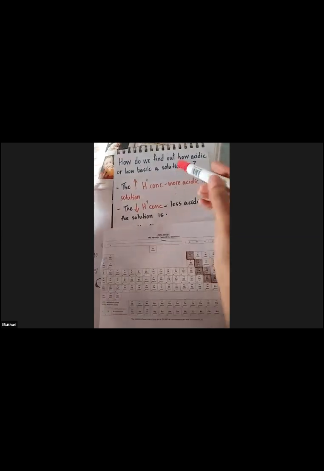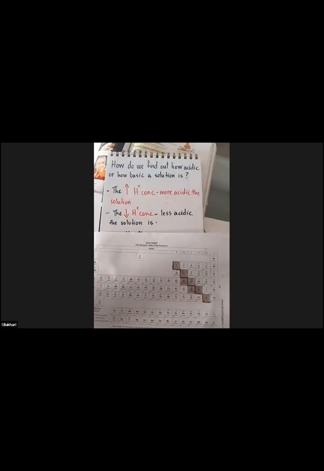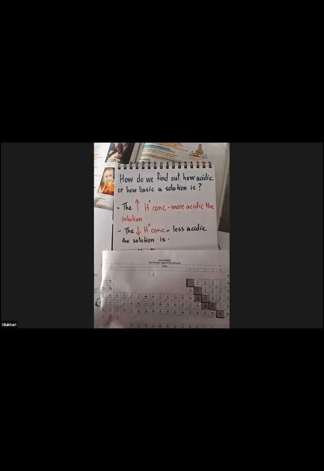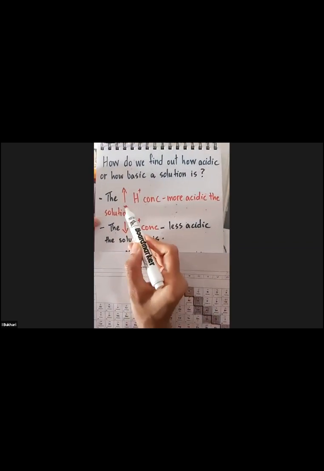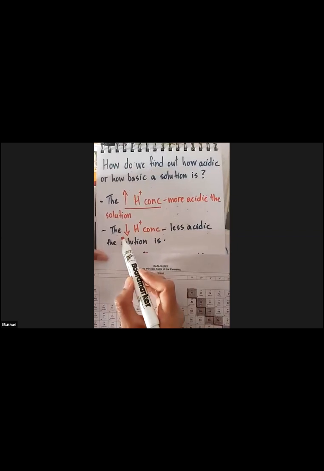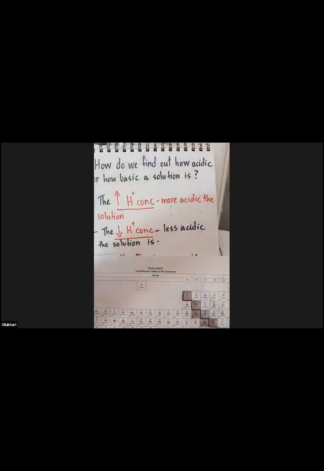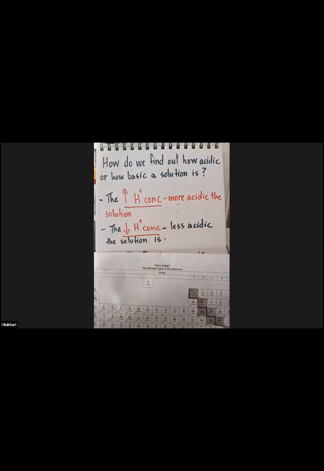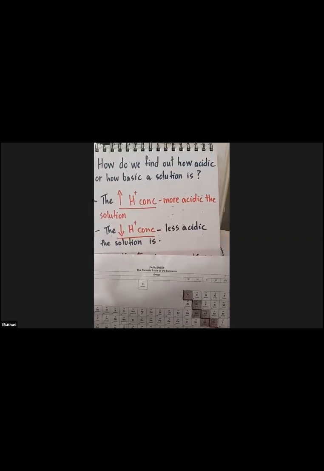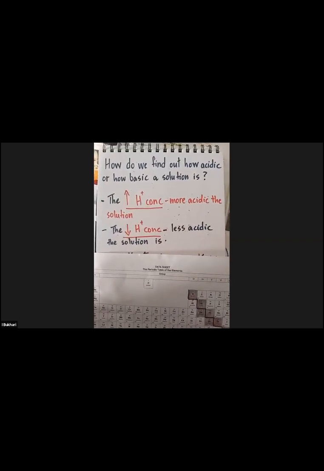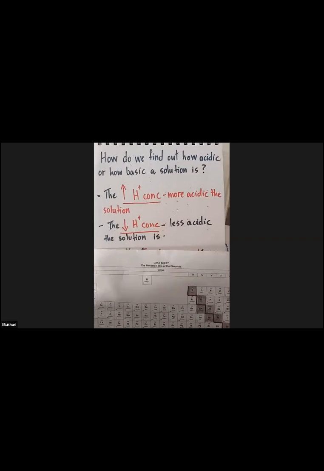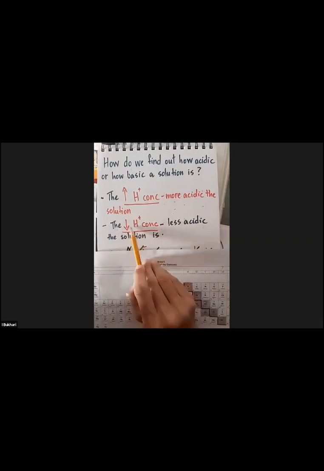Now, how do we find out how acidic or how basic a solution is? How acidic, meaning we talk in terms of hydrogen ion concentration. We can talk about this in terms of hydroxide ion concentration as well, but this is more common.